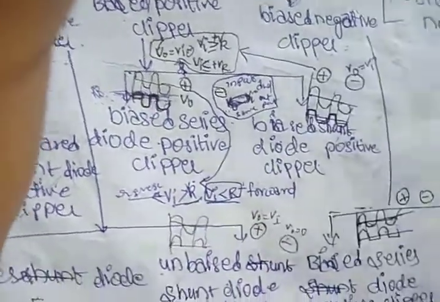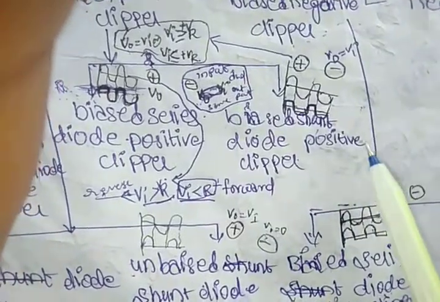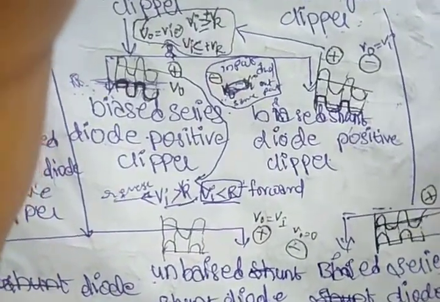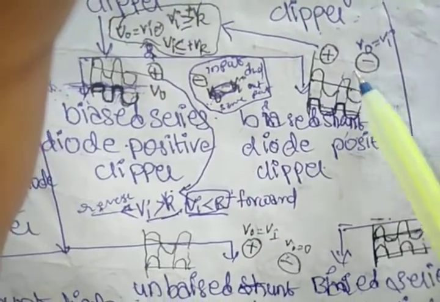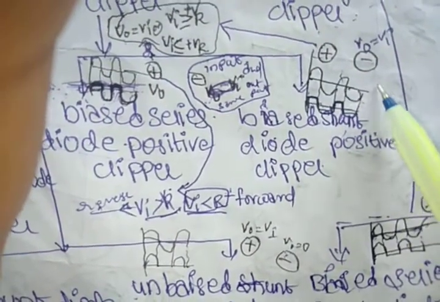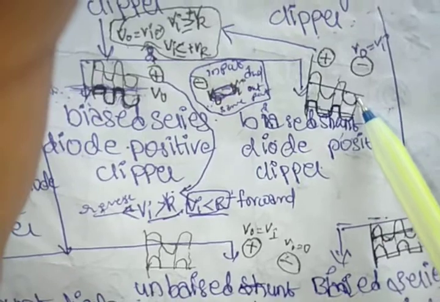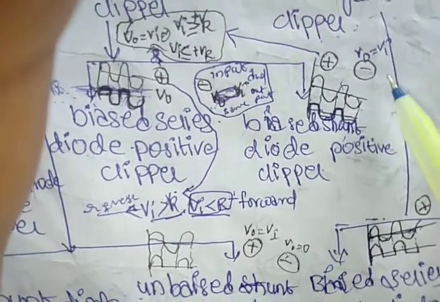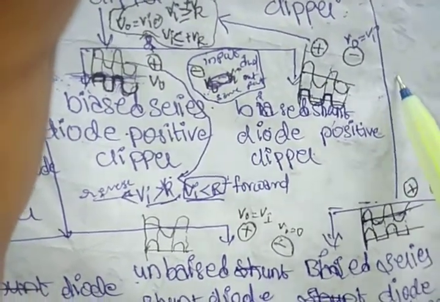So in this the diode is positive, and the shunt is also the same. The circuit diagram is the same and the work is the same, but the circuit diagram will be replaced with the diode and resistor.